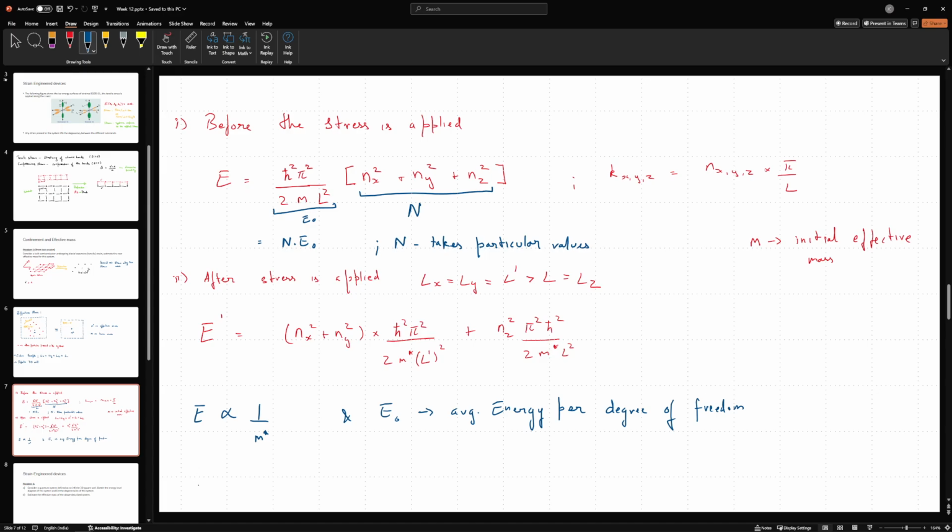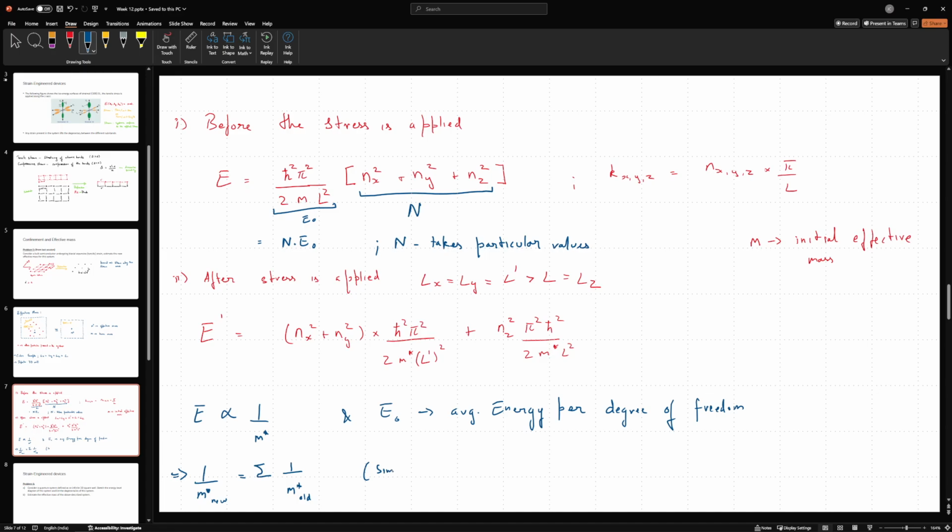What I mean to say is the new effective mass, 1 upon m star new, should be equal to the sum over all possible values of 1 upon m star old. I hope you can understand this. Since E is proportional to 1 by m, this kind of linear combination will happen.